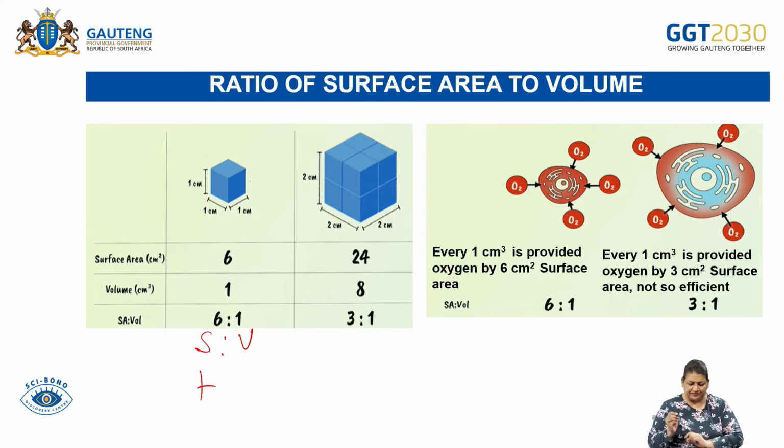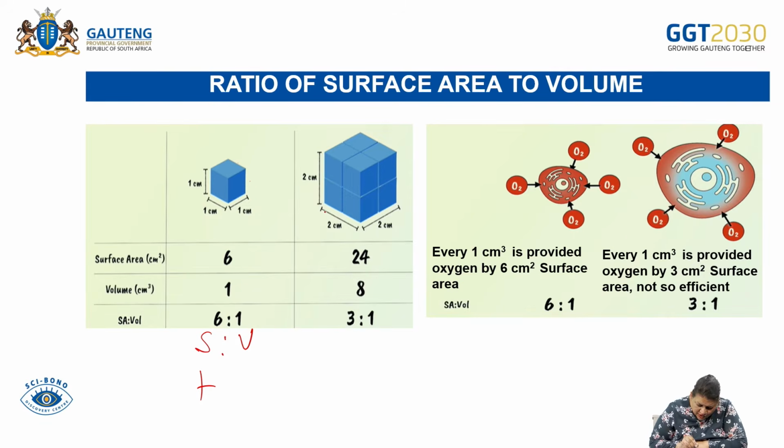Can you see that? Let us look at this square. It is much bigger than that one. Now it's going to occupy 2 times 2 times 2, which is 8. So the size it occupies is 8 cubic centimeters. And now look at the surfaces.